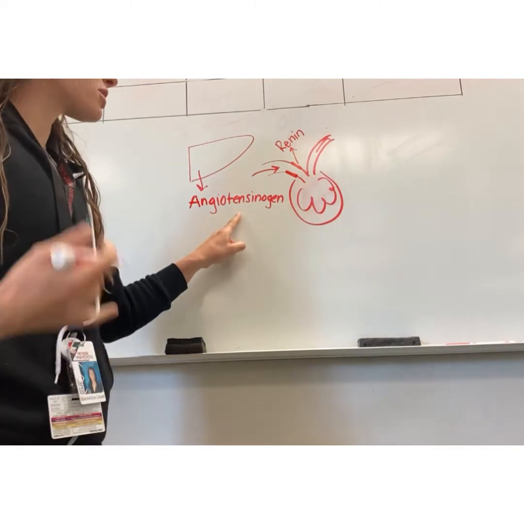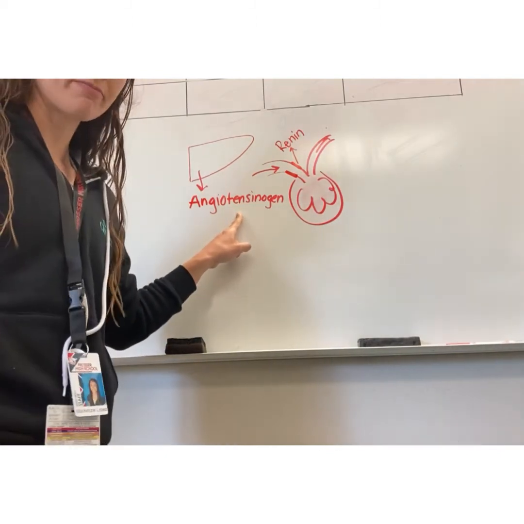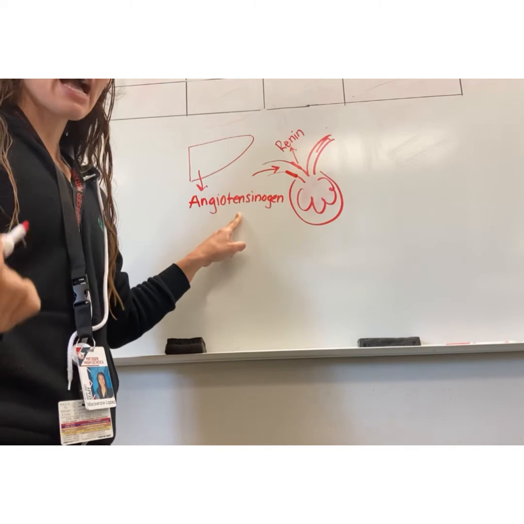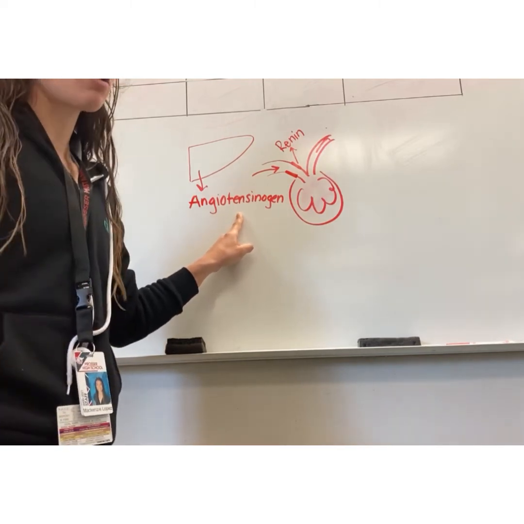Angiotensinogen is constantly being produced by the liver. It is inactive and flowing through our bloodstream all the time.